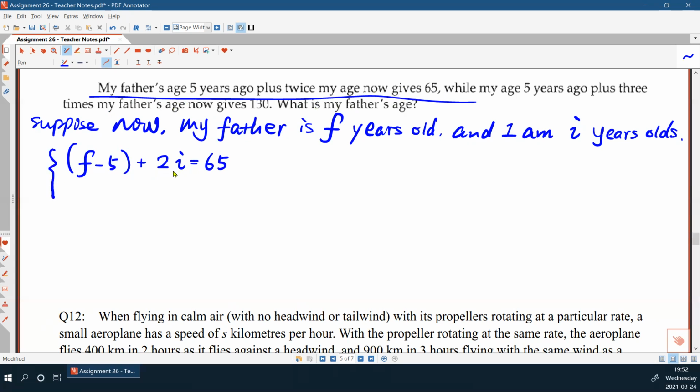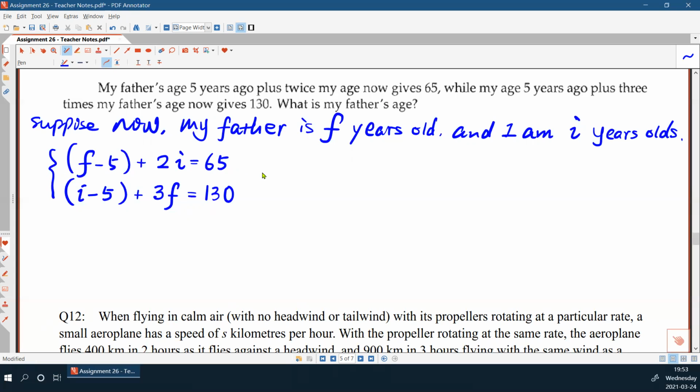Next, my age 5 years ago is I minus 5. This value plus 3 times my father's age now, so 3 times F, gives a value of 130, right? This is interpreted from the given information.